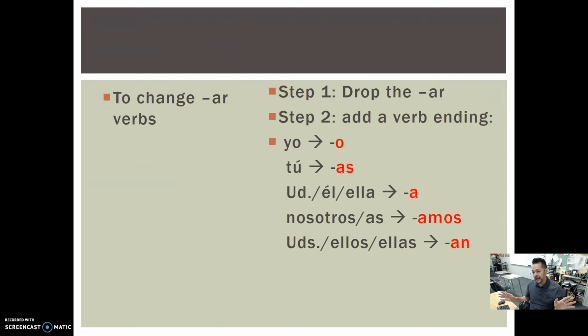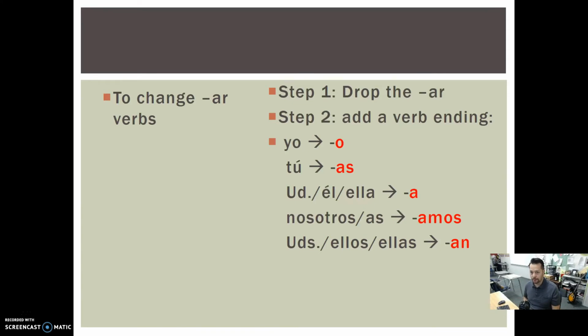Let's take an AR ending verb that we've learned so far in la clase de Español. And I mean, there's so many of them. I mean, like, think about it. We learned hablar. We've learned caminar. We've learned estudiar. We've learned, let's see, what else have we learned? Bailar, cantar. Okay, all of those.